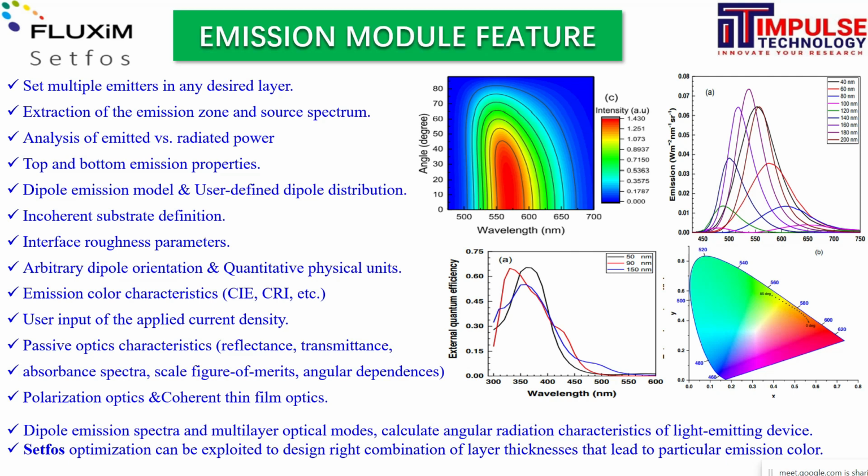And the SETFOS optimization tool is there, to design the right combination of layer thickness to get particular emission colors. So these are some key graphs, like the emission zone in LED devices with respect to angle, wavelength, quantum efficiency with different wavelength variations, and emission or CIE color diagrams can be plotted accordingly.